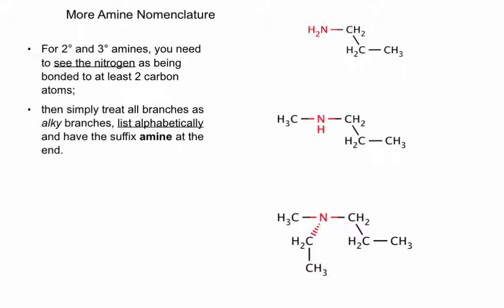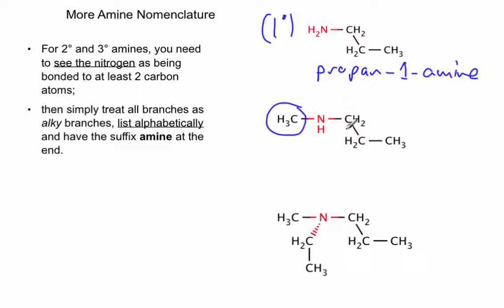Secondary and tertiary amines, the naming is slightly different. We've already seen this one. This was, if you remember, propan-1-amine. So I'll just write that again, propan-1-amine, and it is a primary amine. Well, now we've replaced one of the hydrogens with this ligand. This ligand is a methyl ligand.